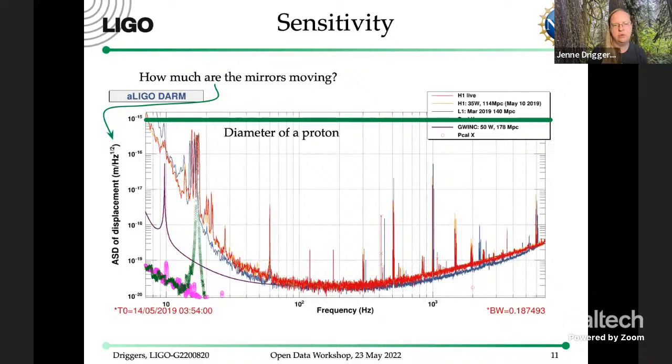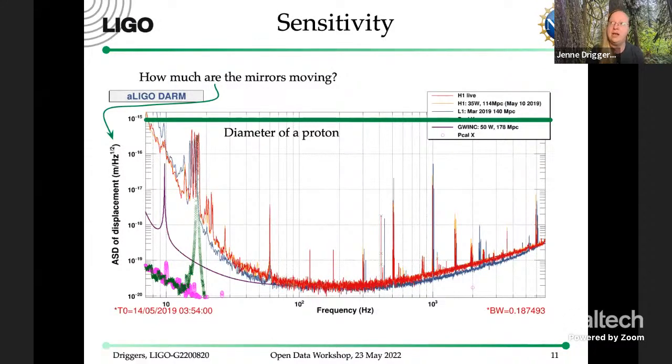And so this says that this is kind of our baseline noise level. So should a gravitational wave come through our detector, as long as the effect it has on the mirrors is larger than this many meters of motion at each given frequency that the gravitational wave signal is at as it moves through time, we should be able to detect that gravitational wave as long as it's larger than our baseline noise.